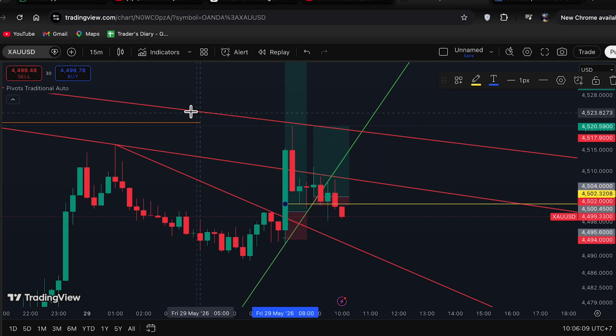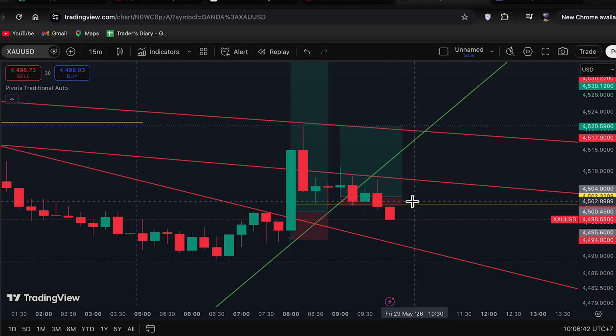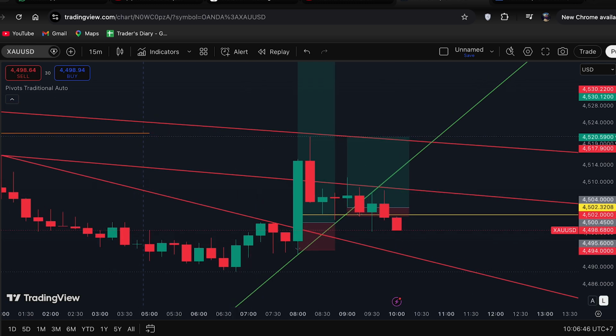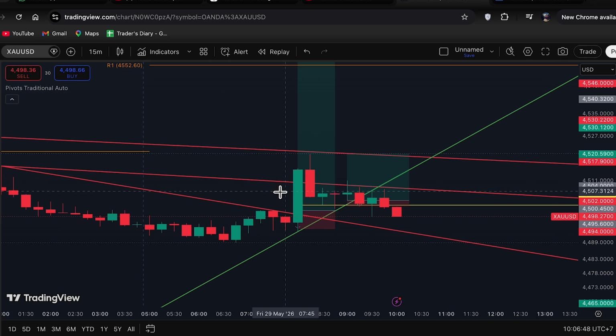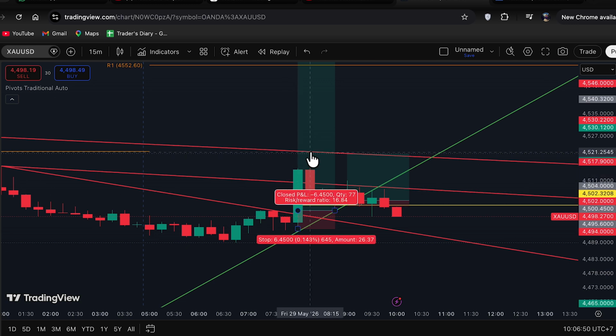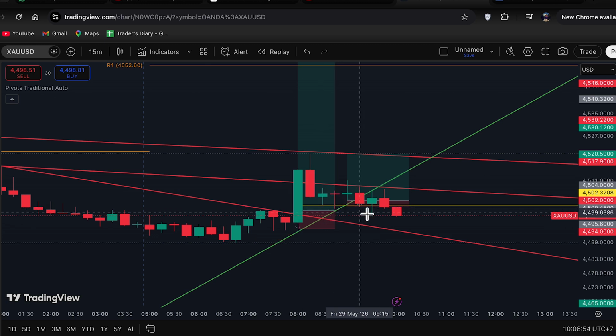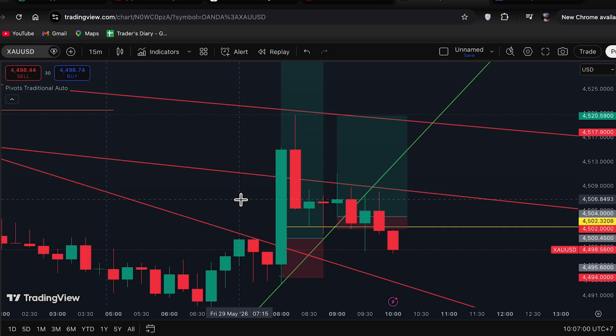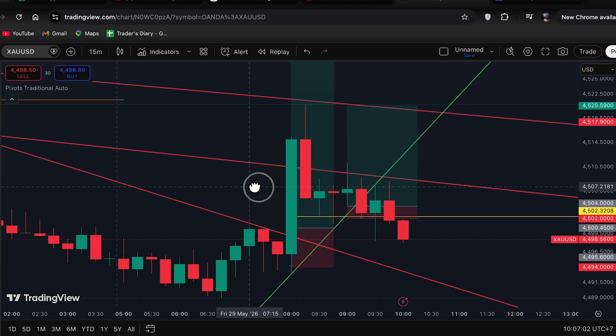So when I saw this big candle, I moved my stop loss to break even, and so the price went up, and then it bounced on this major trend line and hit my stop loss. So I brought home maybe some profit. At least I didn't lose the trade.